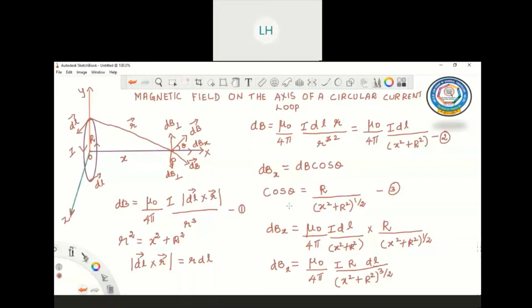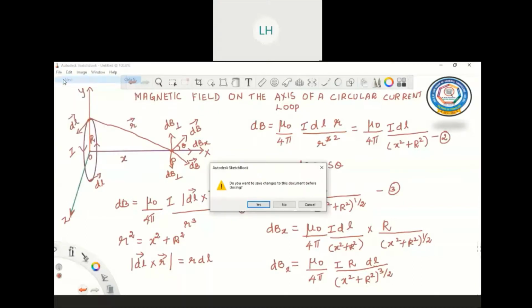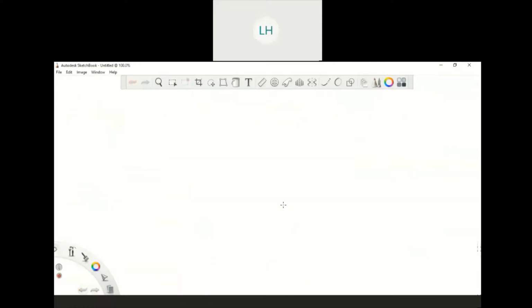Okay. So shall I take the new page now? Yes. So what we are going to do here, we are going to consider the entire circular loop. The entire circular loop means the dl will become L. So L is equal to 2 pi r. Because you all are familiar with all these things, that is why I am writing.